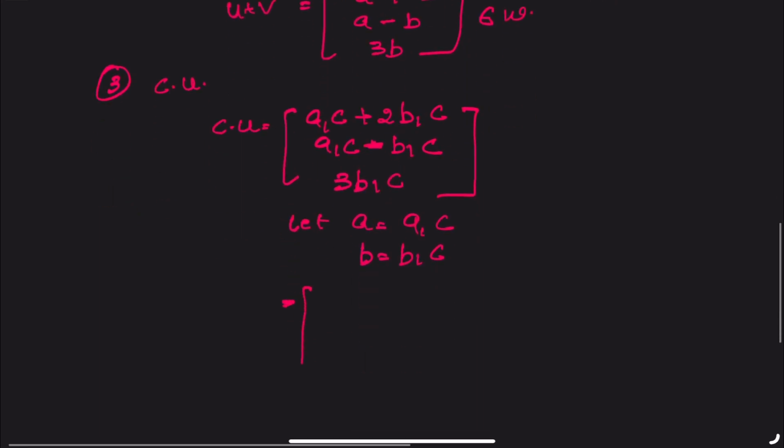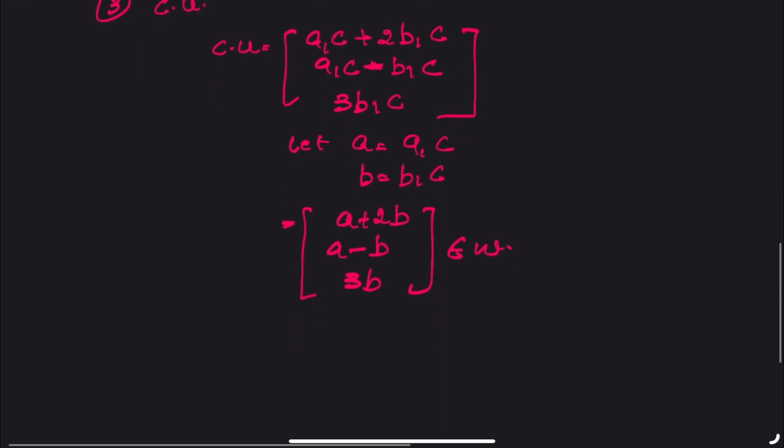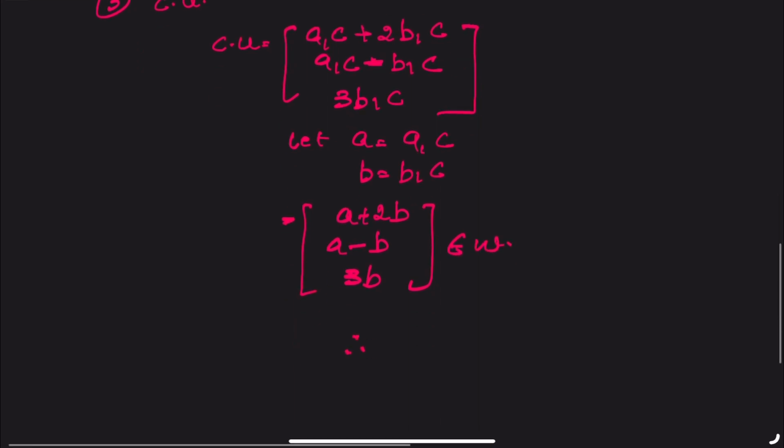So the vector I get is (a plus 2b, a minus b, 3b). Again we got the same vector and it belongs to W. Therefore W is a subspace. I hope you understood this.